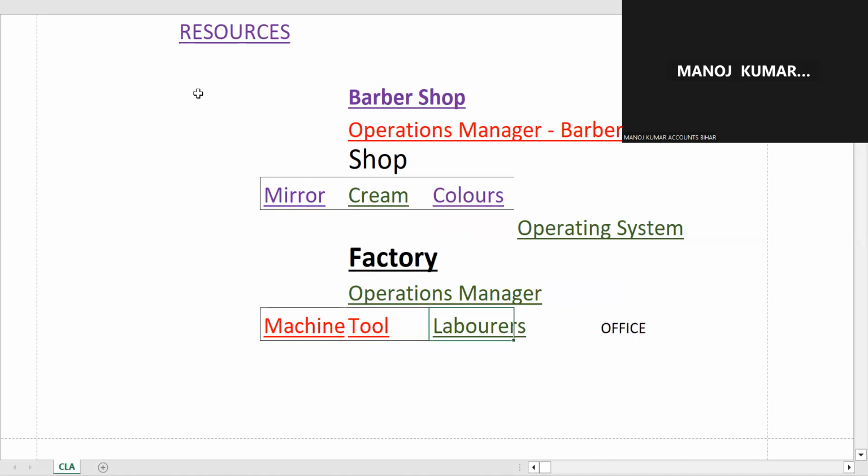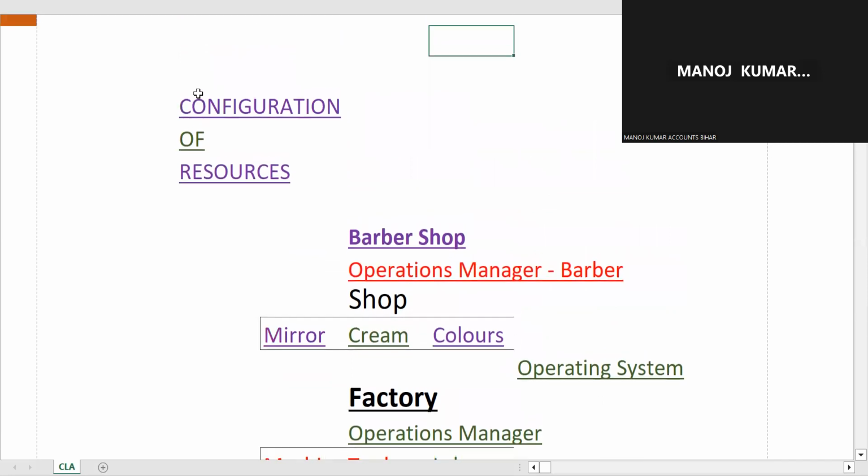So what is an operating system? It is the system which you are using to give service. In earlier times, and even now I think you can find, there used to be some roadside barbers who just had a chair somewhere, in the open.